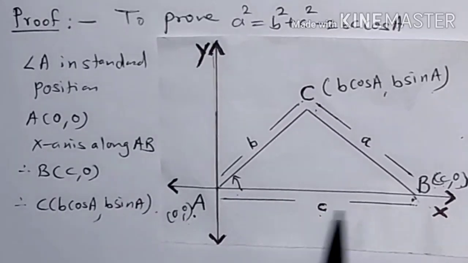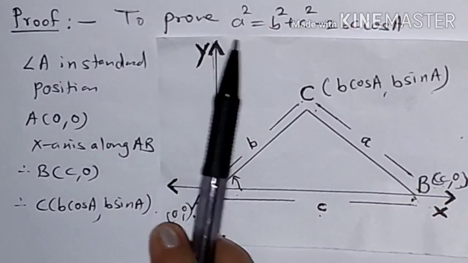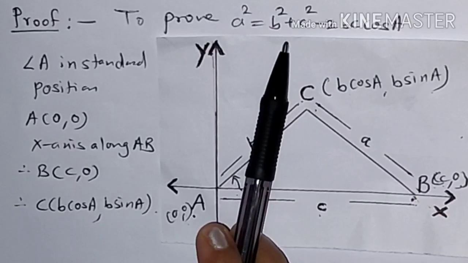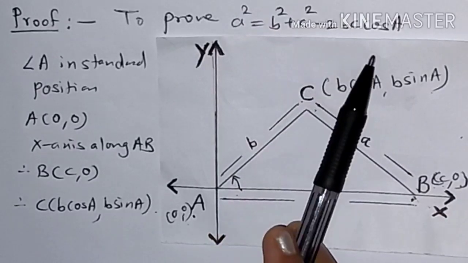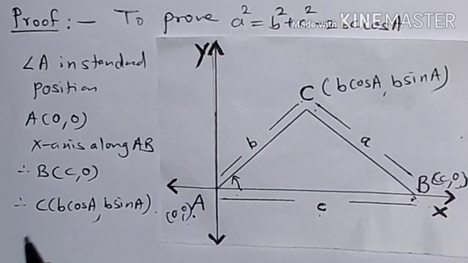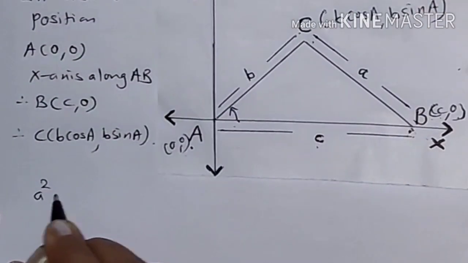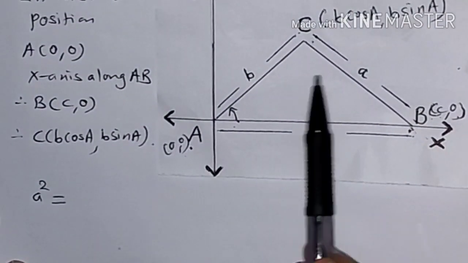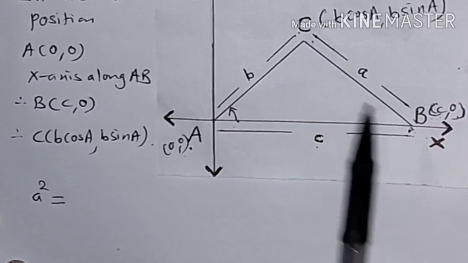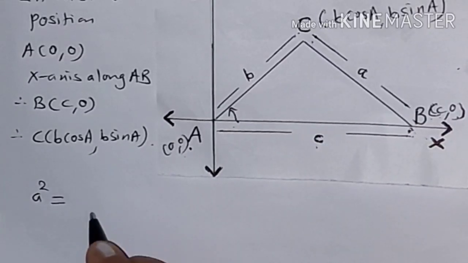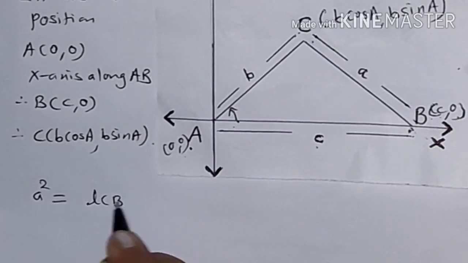So we know all this, and now what we want to prove is a square is equal to b square plus c square minus 2bc cos A. So let's consider a square. Now a is the side opposite to angle A, so length BC is a, therefore a square is nothing but length BC square.